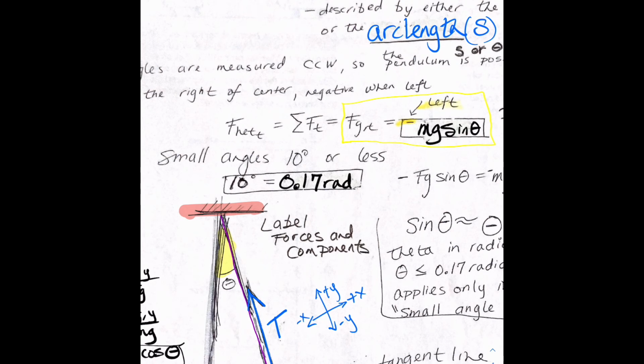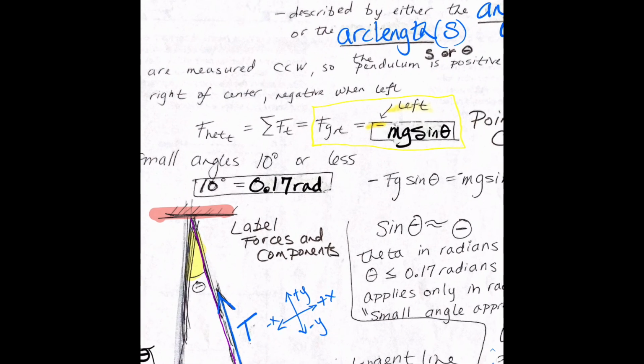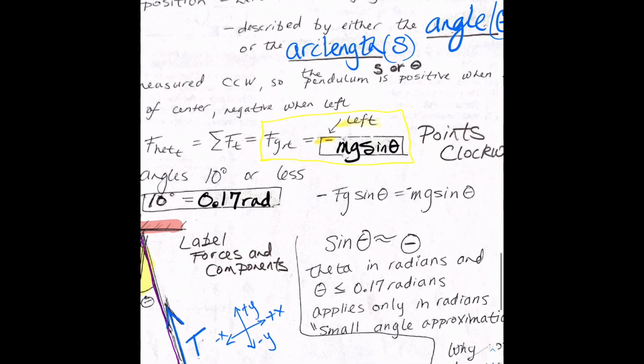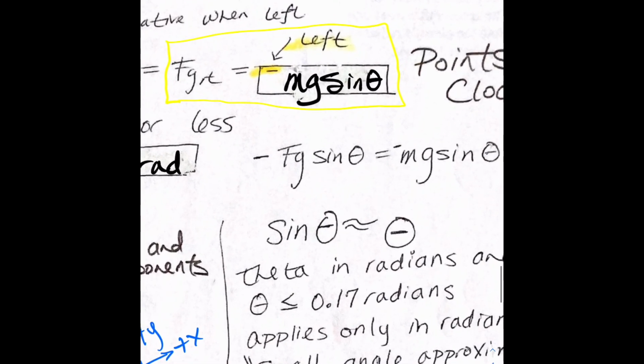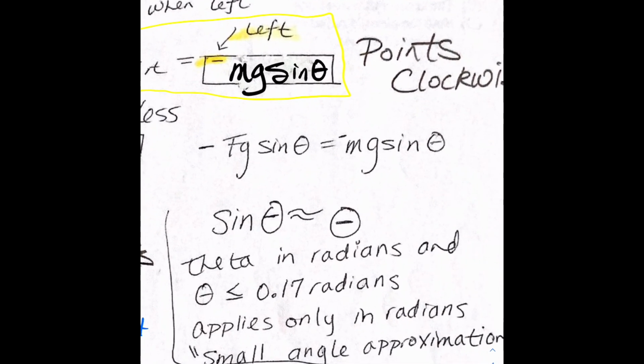When you take the sine of 0.17 radians, you get 0.17 radians. So it's like you didn't even do anything. So what we can say then is this relationship right here, that sine theta is approximately theta for angles of 0.17 radians or less.